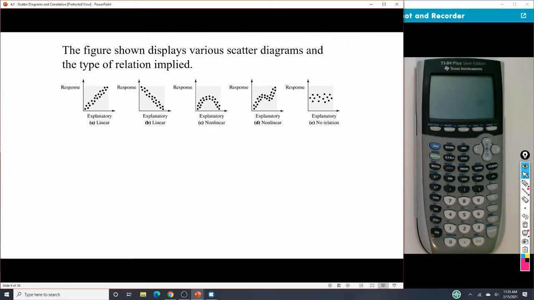We can see here that this first one is kind of making that shape of a line, as is the second one. And so we would call those linear. Now these others make a shape, but they're not a line, so it would be nonlinear, as is our D. It kind of makes this shape, but that's not a straight line. Now our last one doesn't have a relation because it's really hard to tell what's going on there with those pieces. Okay.